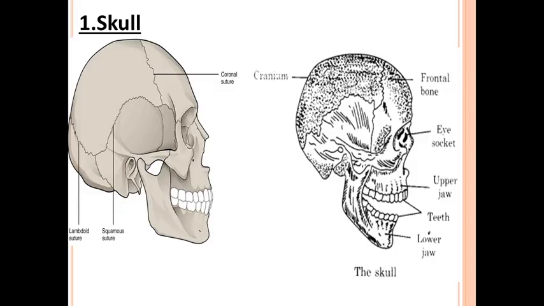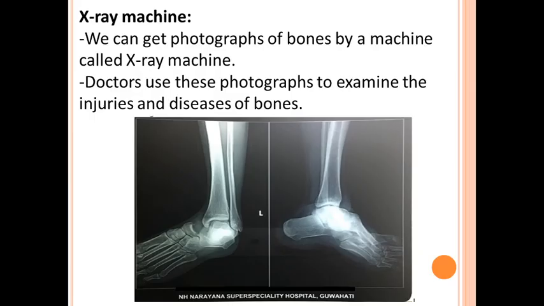Yes, now we will start our main points. We have learned that the framework of bone is known as the skeleton, but the skeleton also has 4 basic parts: skull, backbone, ribs and the limbs, meaning your hands and legs. Now we are dividing your skeleton.